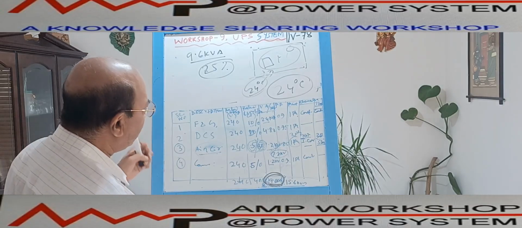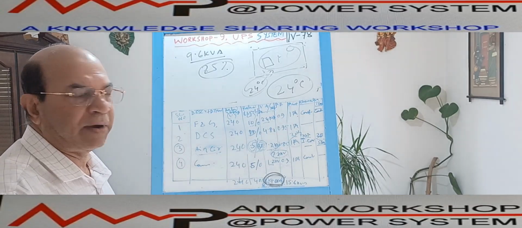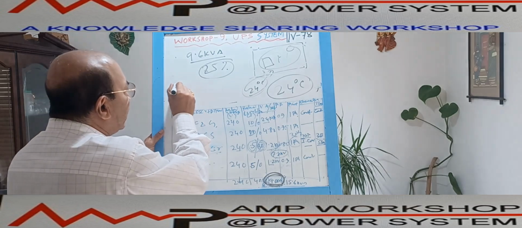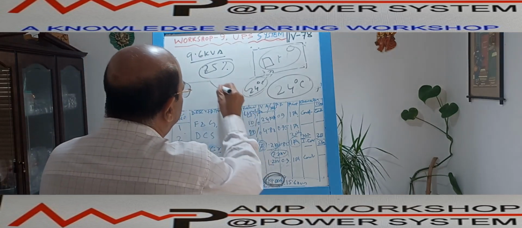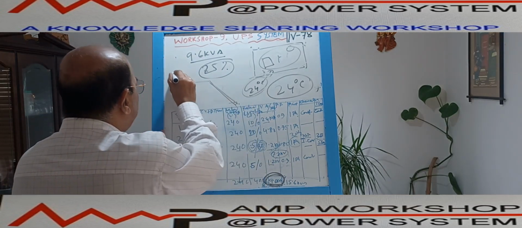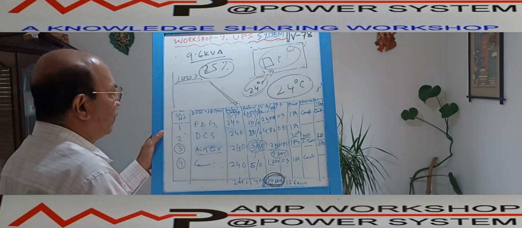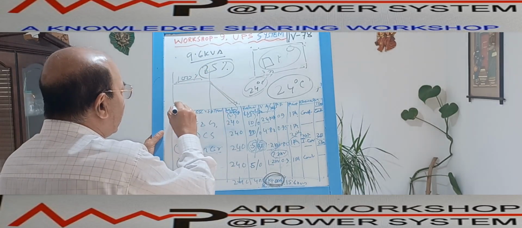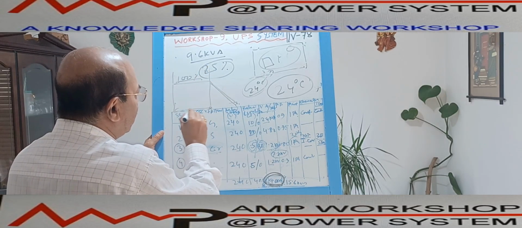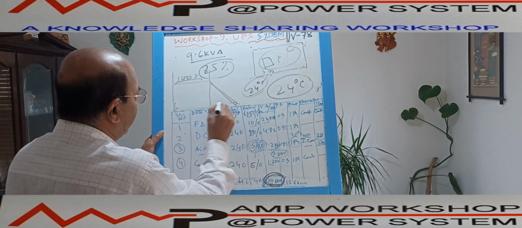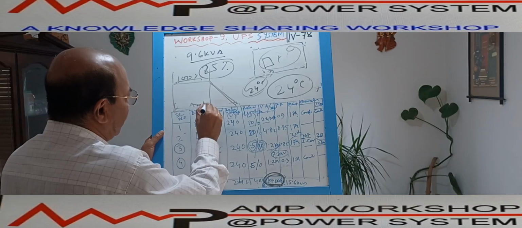Now the moment the temperature goes above 75 degrees centigrade, immediately the rated capacity will go down like a 45 degree angle. Suppose this is the 100% capacity an equipment is delivering up to the rated operating temperature, this is the ambient temperature.